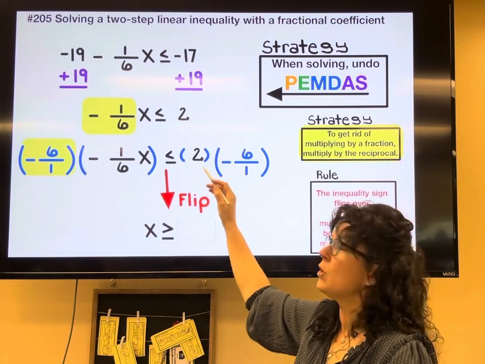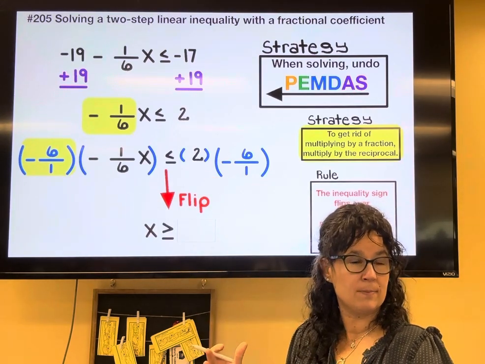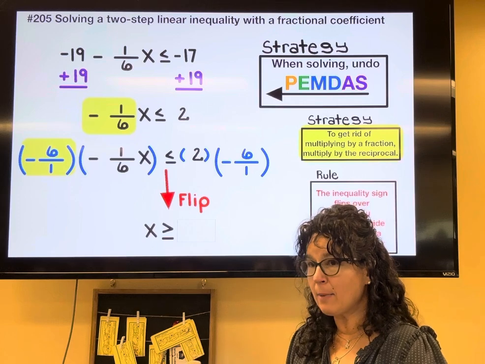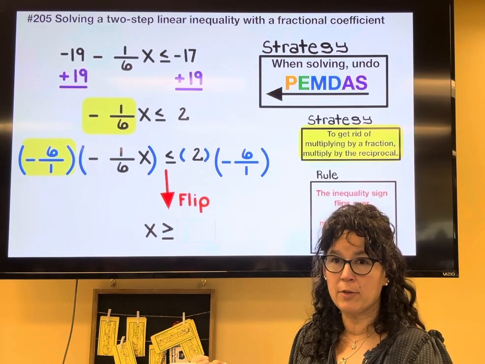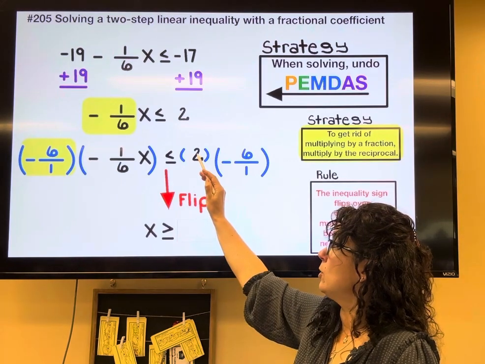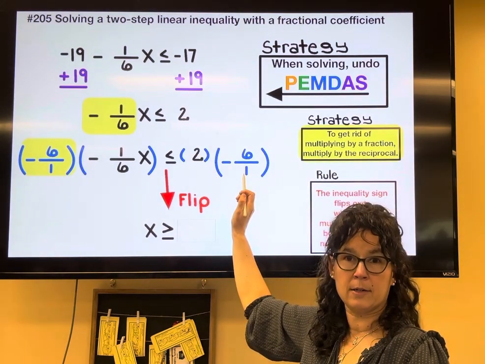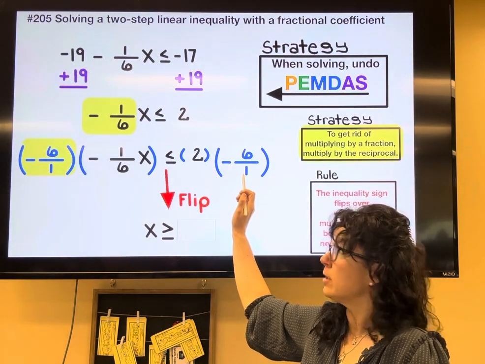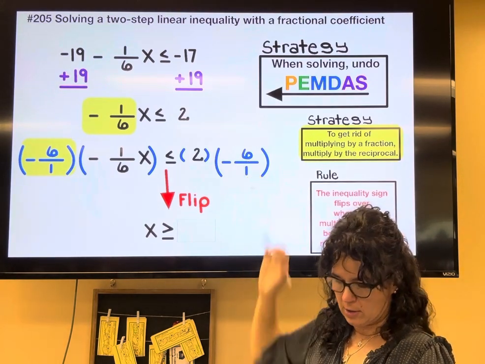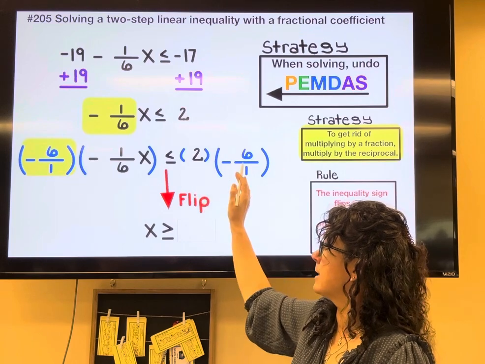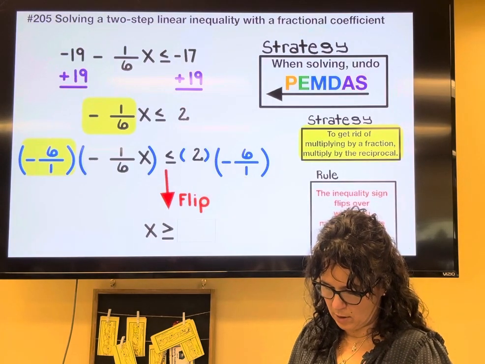And when you multiply by a fraction, you're really dividing by the number in the bottom and multiplying by the number in the top. So 2 divided by 1 is 2, and 2 times 6 is 12. Positive number times a negative number is a negative 12.